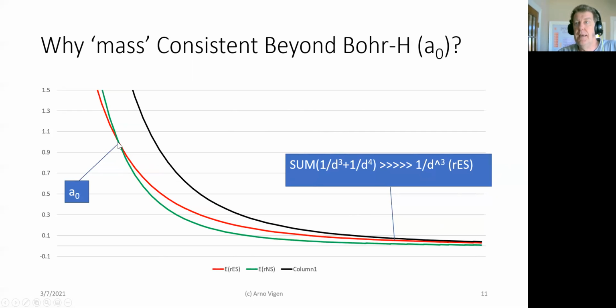But what you see is that the sum of those, because 1 over distance to the fourth gets smaller, exponentially faster, that once you go out 1 Bohr, 2 Bohr, 3 Bohrs, 5 Bohrs, you're probably the size of most atoms, with all the shells and then some bonding distance by the time you're out at 4 times A sub O or 5 times A sub O. That electrostatic is almost exactly like the field resistance.